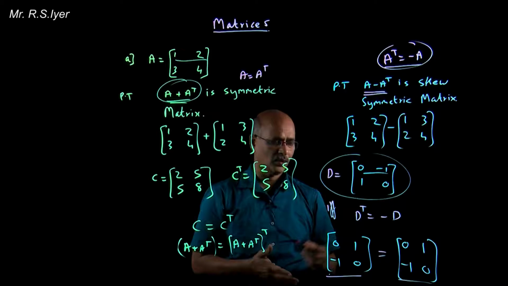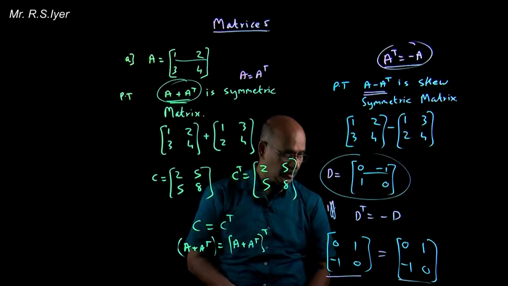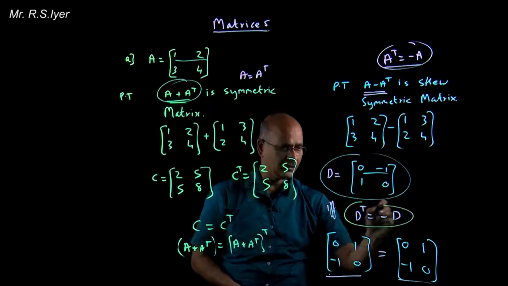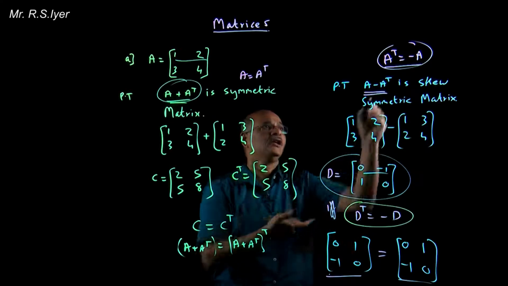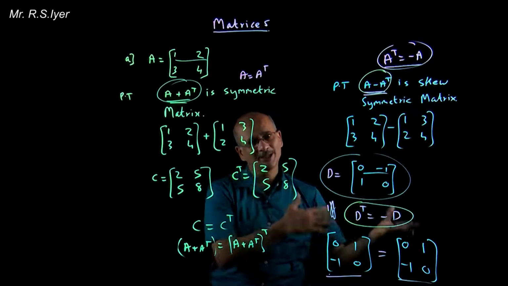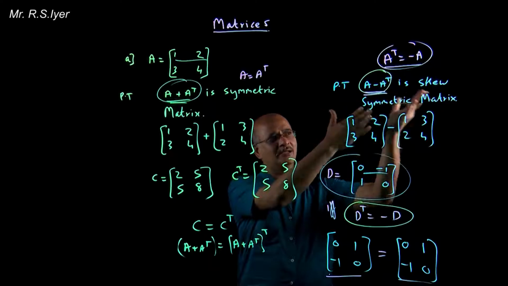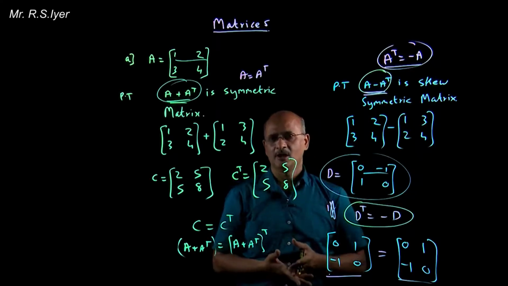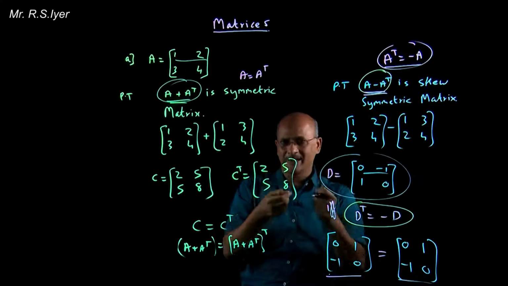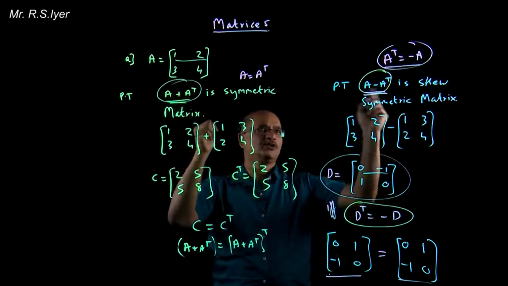Now check what is happening between these two. They are equal. That means what I proved? I proved D transpose is equal to minus D. What is D? D is nothing but A minus AT. So when I prove transpose is equal to negative of the matrix, it means that A minus AT is a skew symmetric matrix. This is one of the very basic examples to make you understand the concept of symmetric and skew symmetric.